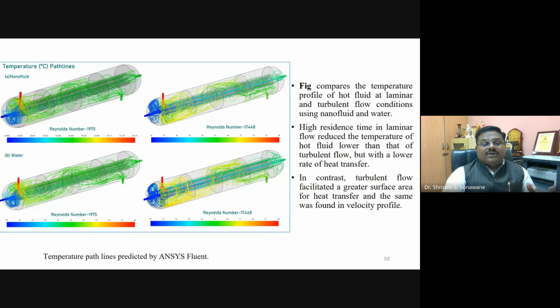In contrast, turbulent flow facilitated a greater surface area for heat transfer, and the same was found in the velocity profile also. If you see the Reynolds number in this particular slide, 17448, that is the turbulent region, and here in the presence of nanofluid and only with water, the distribution of the heat is somewhat varied. Next slide.